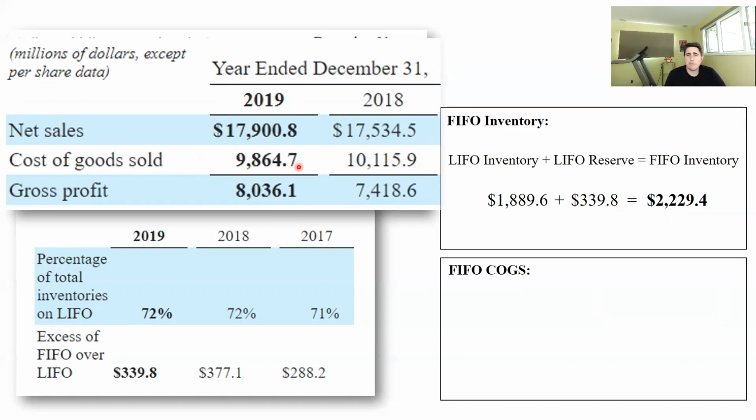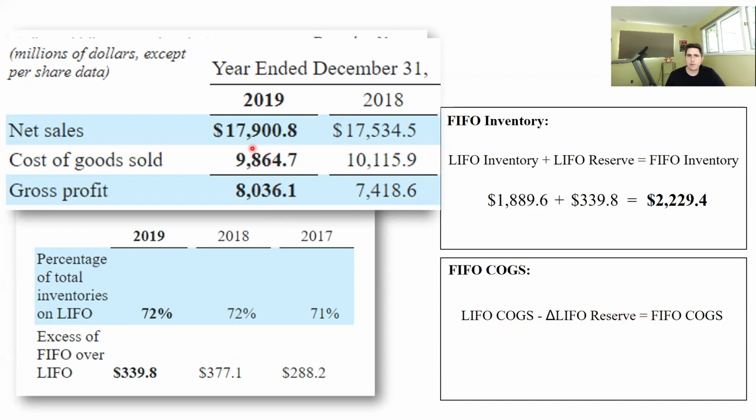To calculate FIFO cost of goods sold, we need to take that LIFO cost of goods sold and subtract the change in the LIFO reserve. This triangle is called delta, and it means change. So the change in the LIFO reserve needs to be subtracted from LIFO cost of goods sold to arrive at FIFO cost of goods sold.